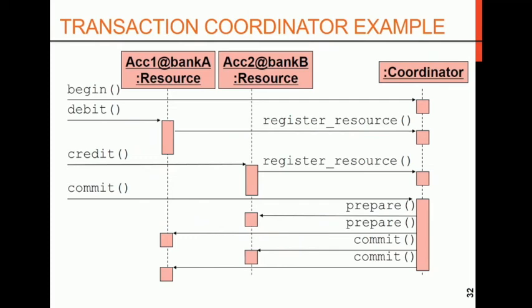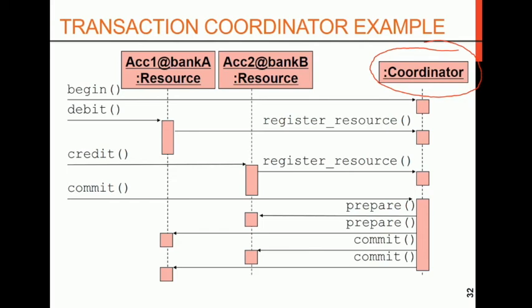You've got a coordinator here on the right-hand side, and if you have several operations happening that you want to be part of some kind of transaction, then you can register any resources and operations that you need with this coordinator.